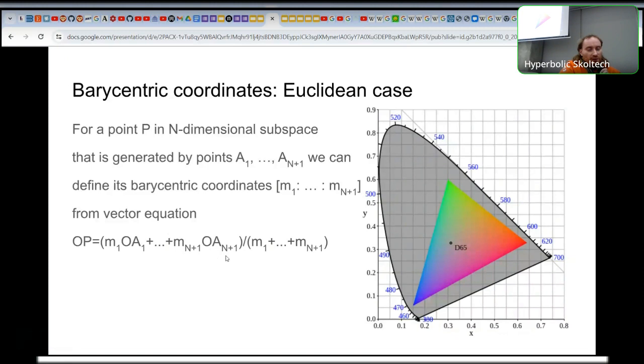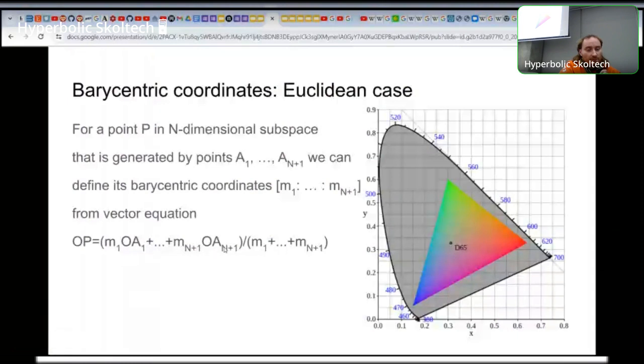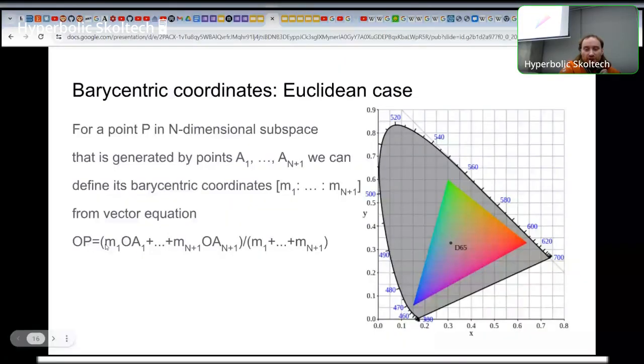So the m's are called masses of points A1, etc., and A_{n+1}. And then P is the mass center for this set of points.